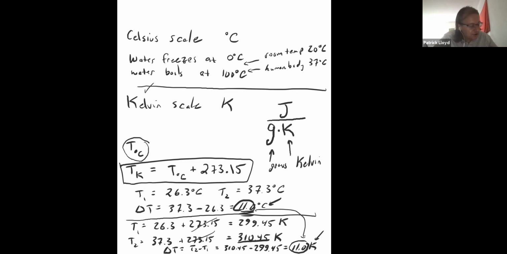Not to be confused with this. You could have joules per kilogram Kelvin, or joules per kilogram degrees Celsius. You could have that too, right? So here the k is referring to kilo. Here the K is referring to Kelvin. Uppercase is Kelvin, all right?